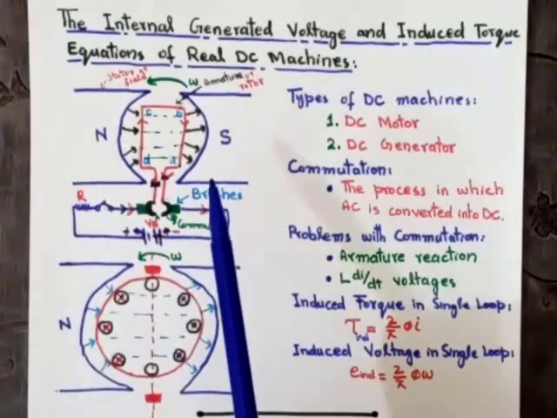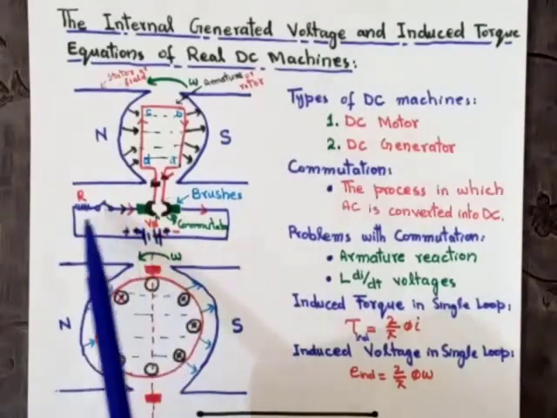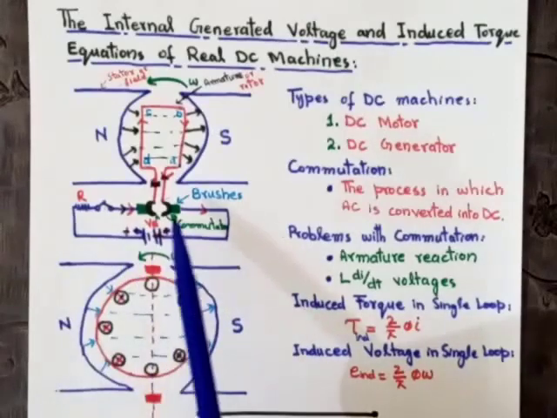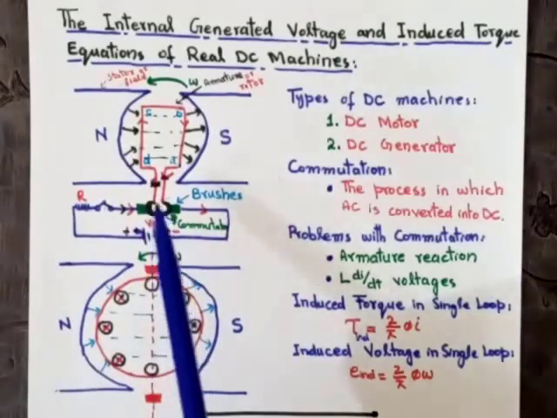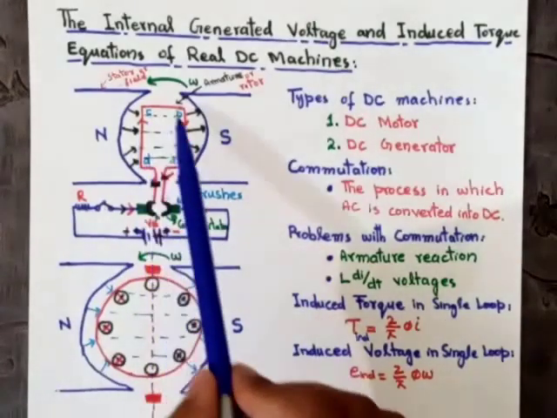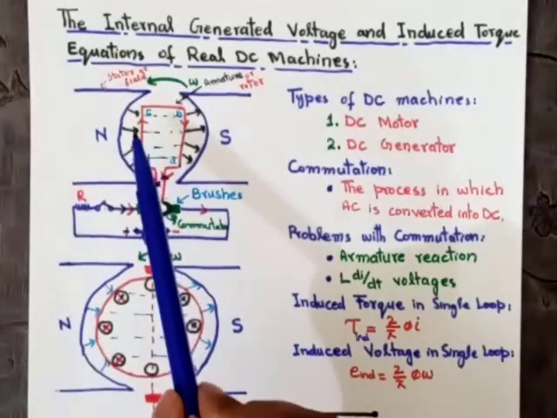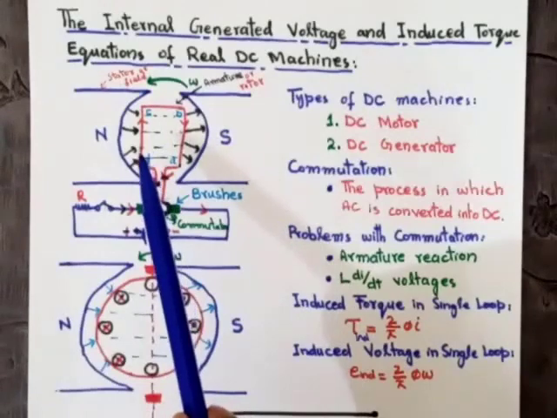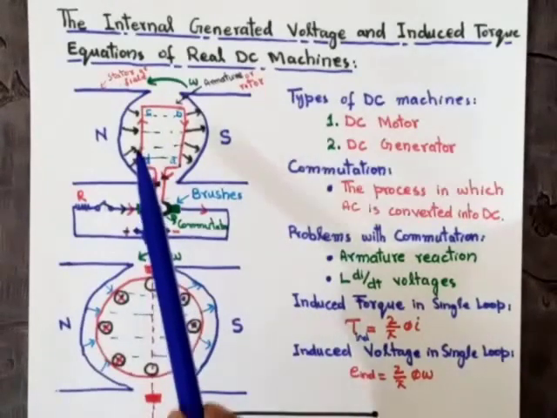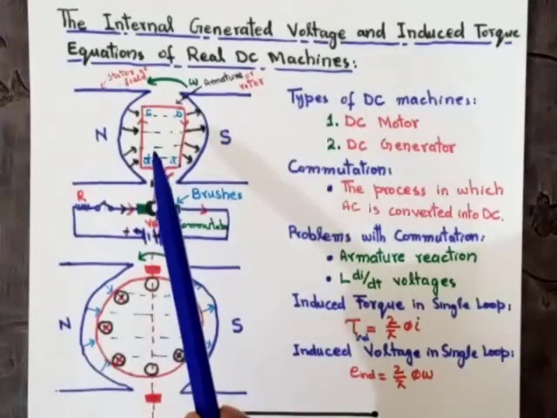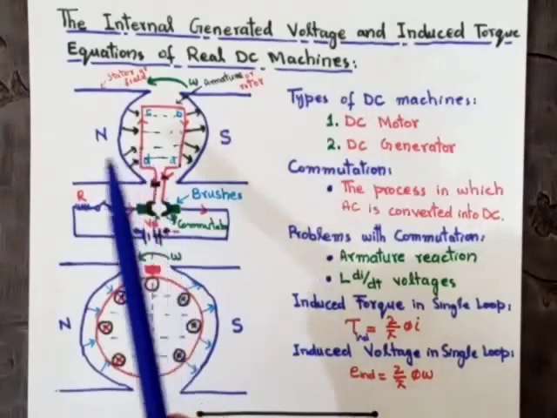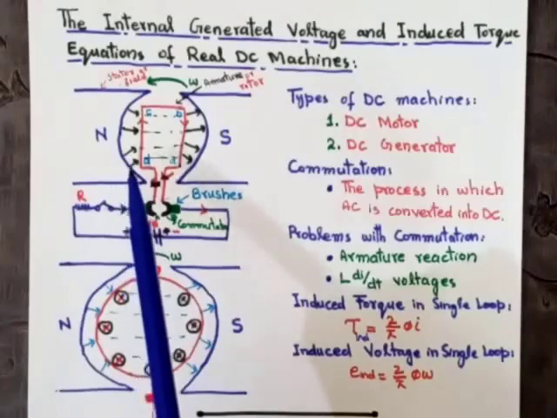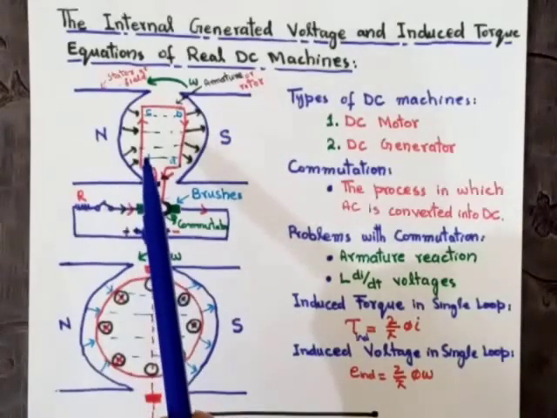As you can see in this figure, when the circuit is completed, current will flow across the armature winding. This current is called the armature current. Due to this current, armature flux will be produced. The flux at the poles, that is at the north and south poles, links with the armature flux.